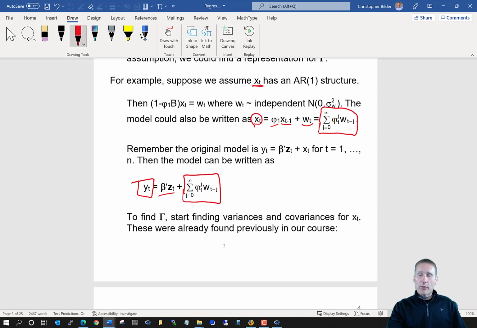Now with a regular old regression model, we would just have an epsilon there, one epsilon, and each of them would be independent. Now look what happens though. Now we have a linear combination of what will be equivalent to our epsilons. This w here, because that's white noise. They're all weighted, and we go back in time to get these w's.